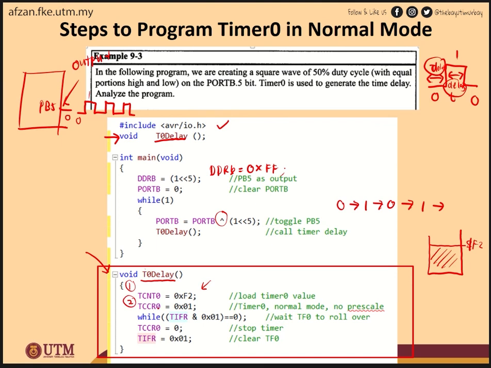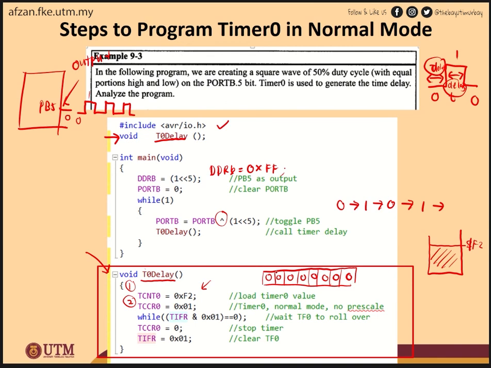What happened here? You see this is your TCCR0, and you put this value here: 0, 0, 0, 0, 0, 0, 0, 1.